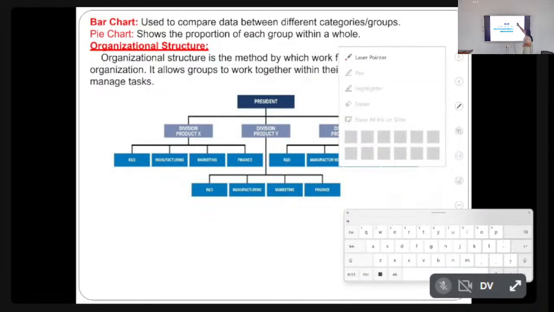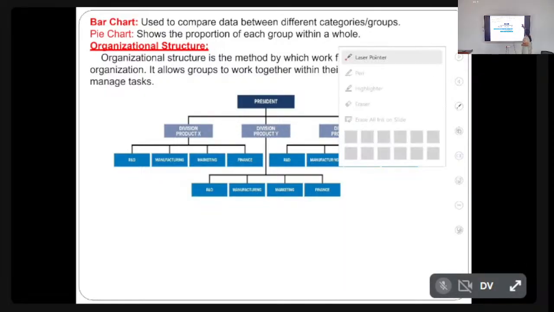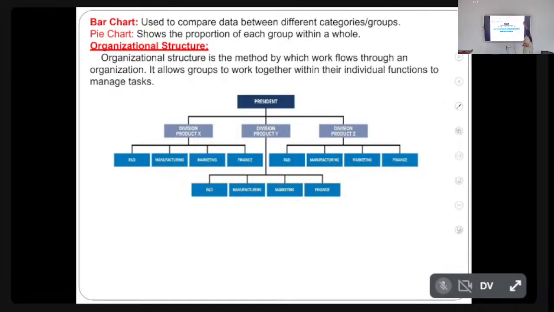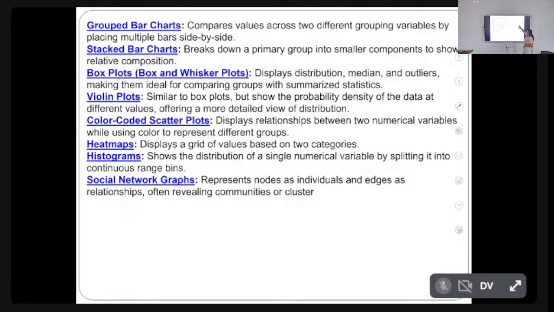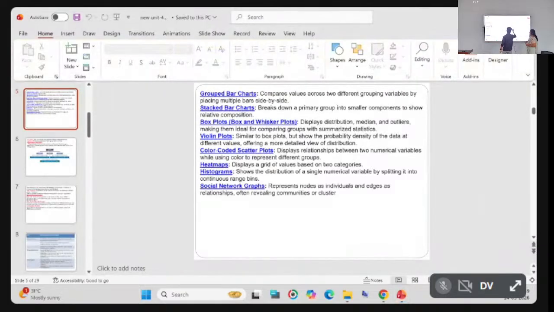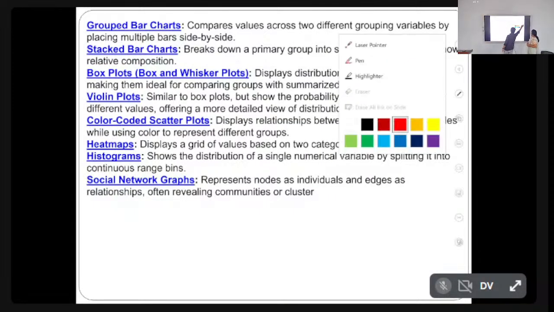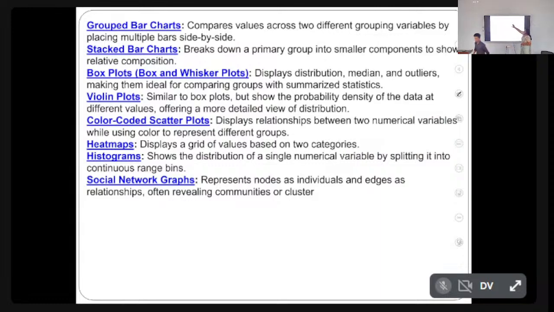Now see here. Now how do you put a grouped bar chart?